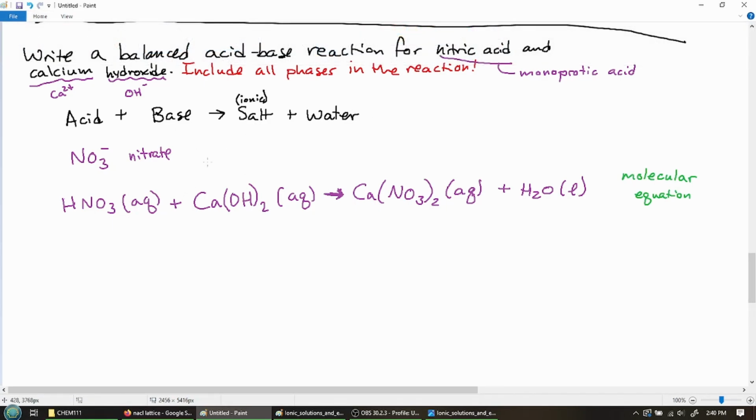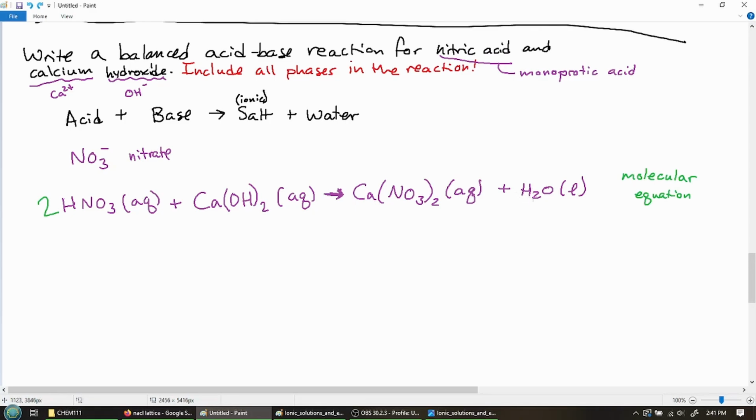The reason I say that is that it seems to me like we've got just a single nitrate here, but we've got two of them right here. So let's go ahead and start off our balance by just putting a 2 in front of this. And now what it seems to me is that I have 2 hydrogens over here. I also have 2 hydrogens here.